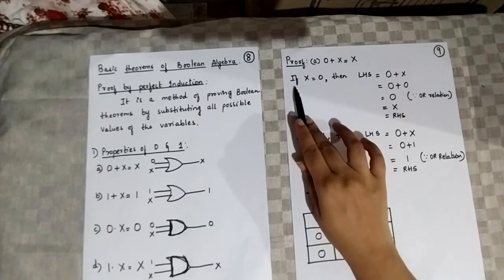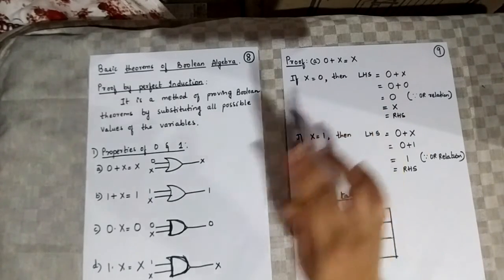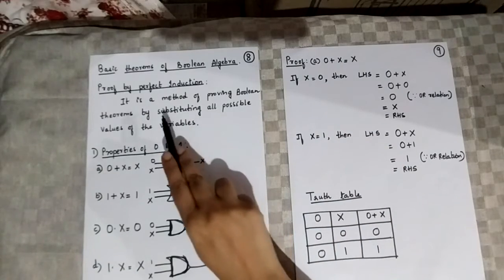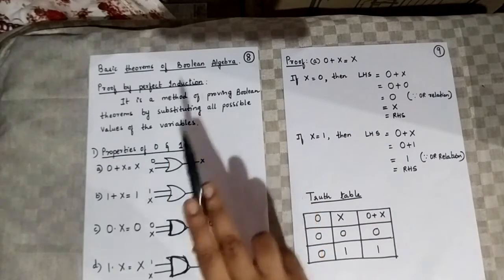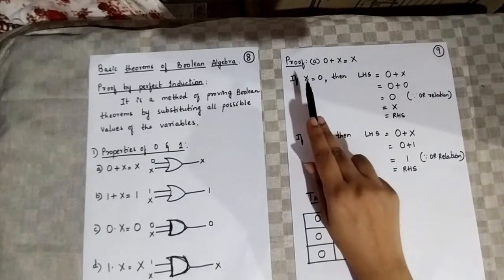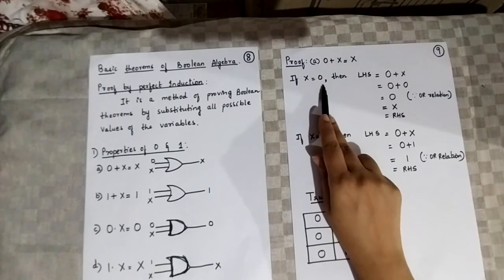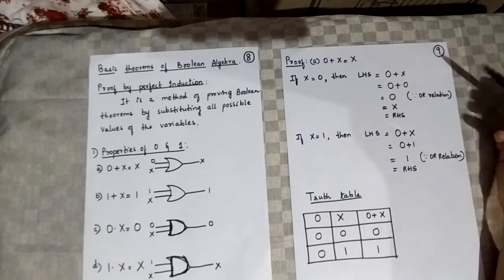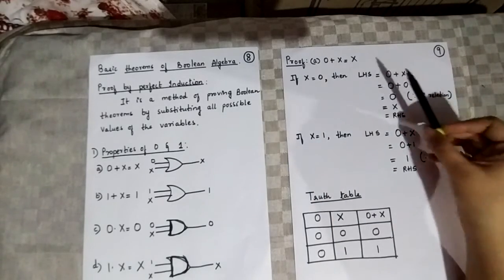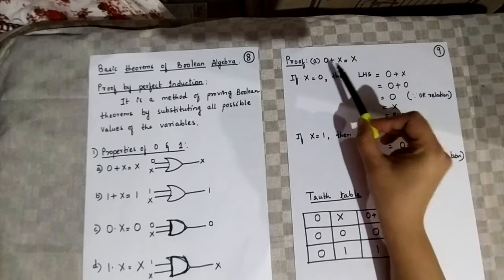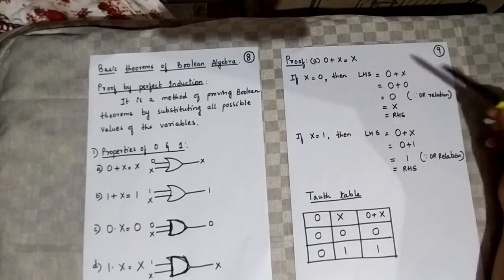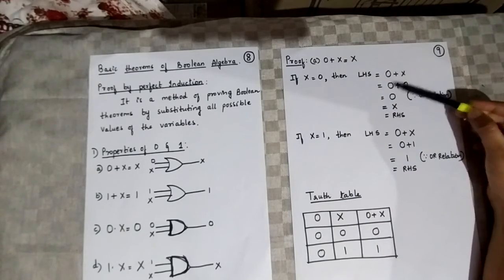So I take x as 0, because this proof by perfect induction says we have to substitute all the possible values. So first I start with 0. If x is holding 0, then take the left hand side, which is 0 plus x.